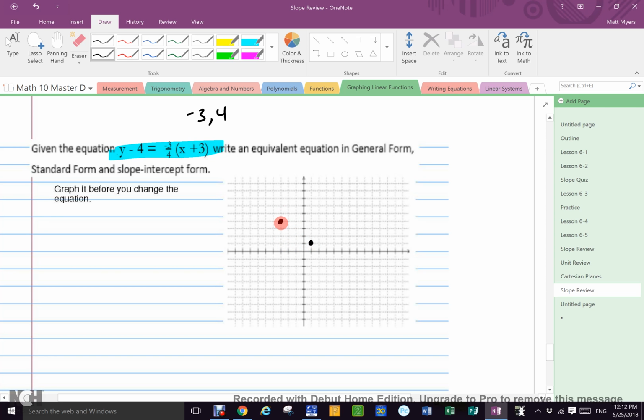And just to make sure, up 1, 2, 3, and left 1, 2, 3, 4. And there, 1, 2, 3, 4. I went 5. And there is your slope for 1 mark. Now, if you have it graphed, you can take your mark, right? But you were supposed to graph it from the blue.